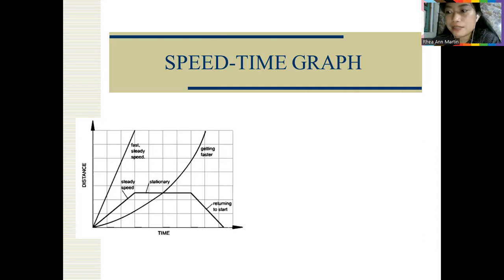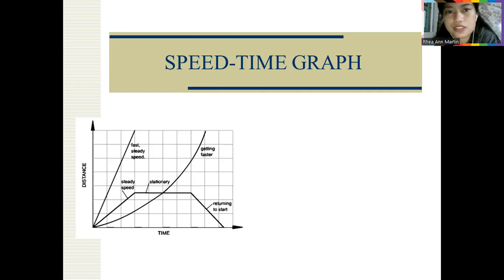So, displacement over time. Medyo magkaparehas sila sa speed, but it's not. It's different. Distance is different from displacement. You already know that in the week 1 and 2. Acceleration, the rate of velocity change over time.